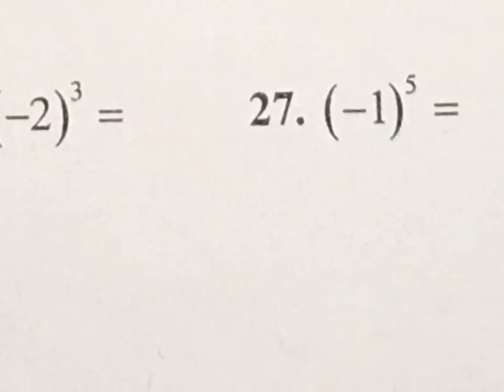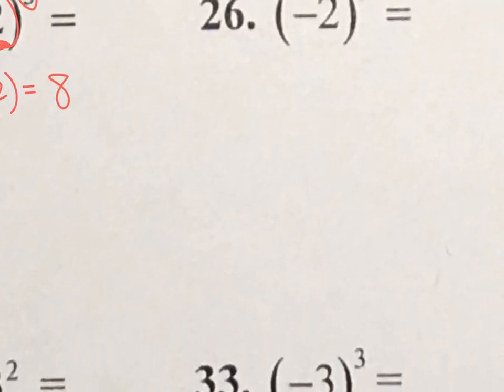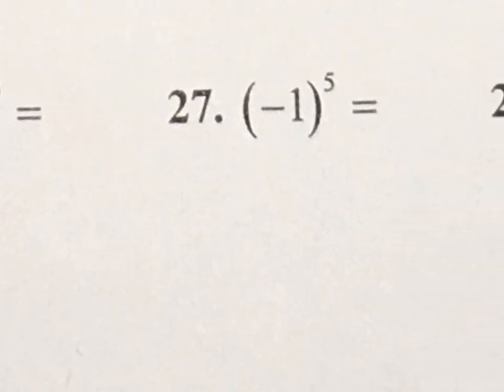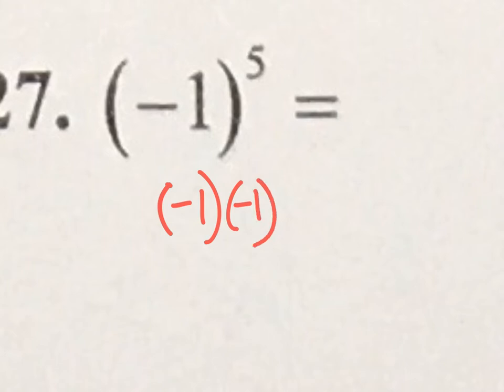I do want to mention that there's a big difference, but let's first start with 27 here. You have -1 in parentheses to the 5th power. So you could expand it, -1 times -1, and write it 5 times.